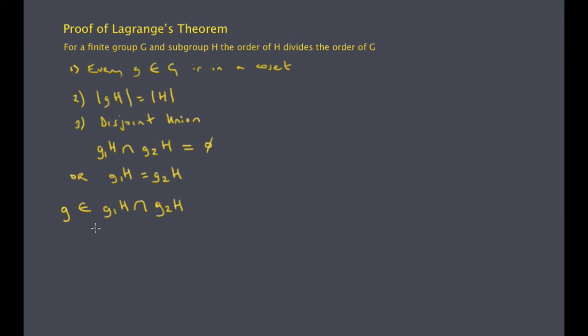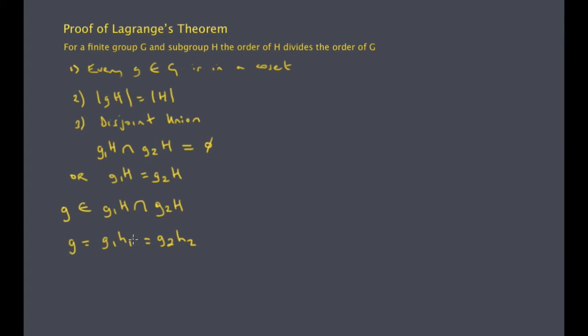This means obviously that g is in both cosets, so we can write g as being equal to g1 h1 for some h1 in H, and that will also be equal to g2 h2 for some g2 in G, h2 in H, and this is because g is in both cosets.